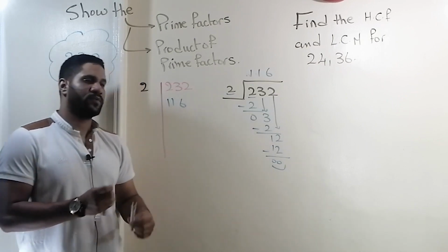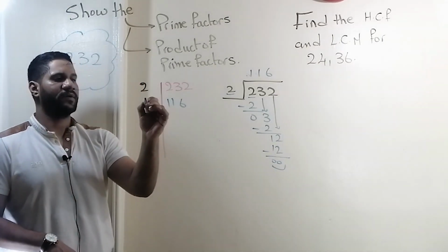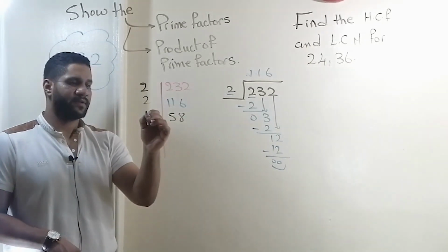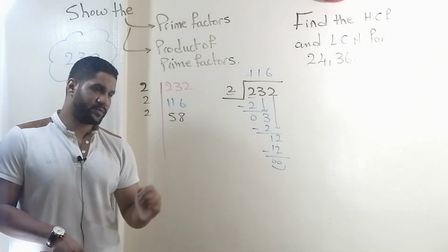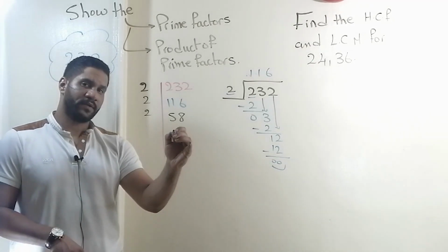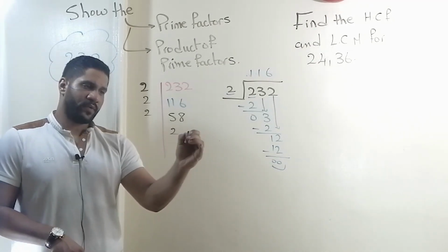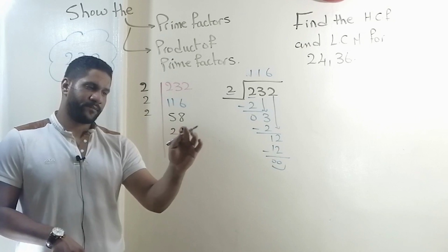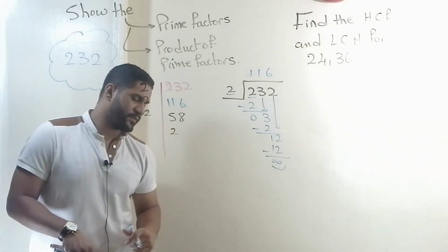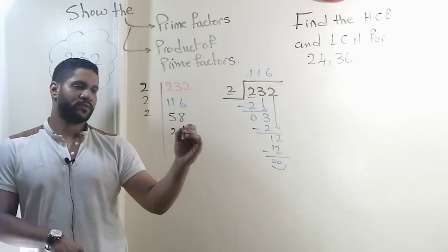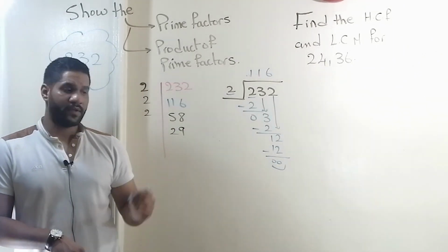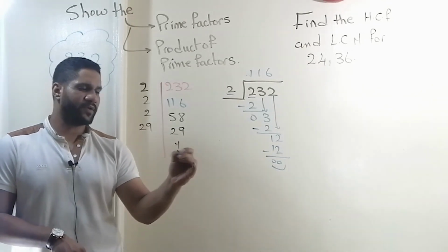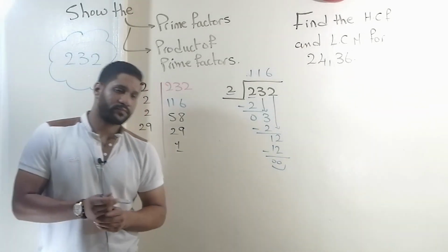I can divide this 116 by 2, it will give 58, divide by 2, it will give me 29. 29 is a prime number, so I will divide it by 29 to give me 1.